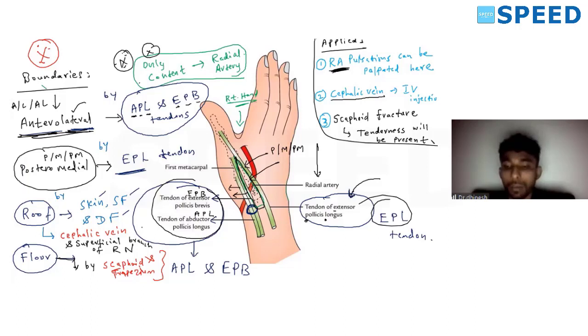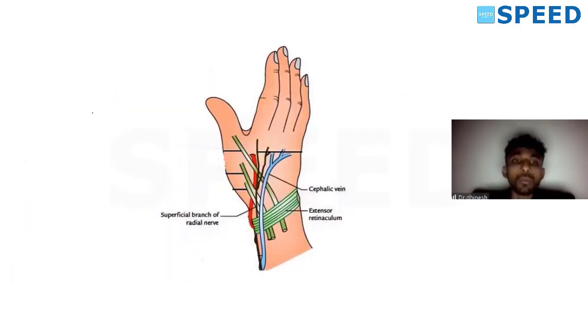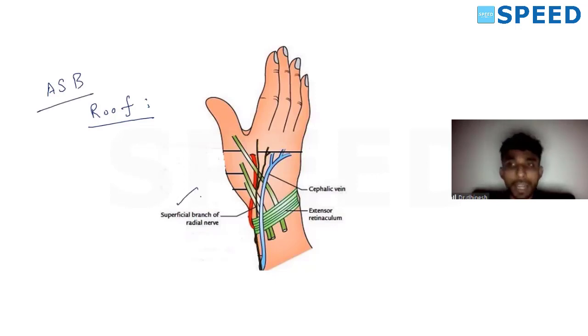One more important thing is that the roof contains two important structures: one is the superficial branch of the radial nerve, and another is one superficial vein, namely the cephalic vein. Both are present in the roof of the anatomical snuff box.